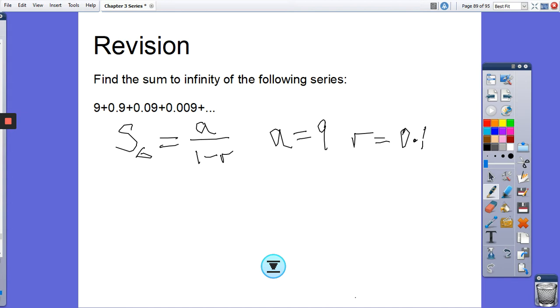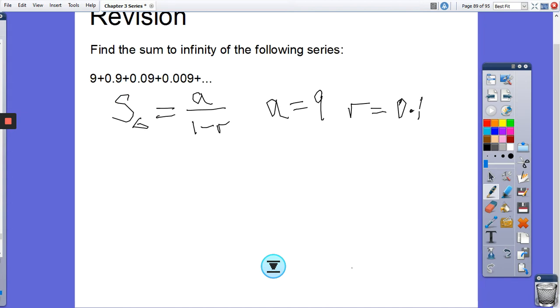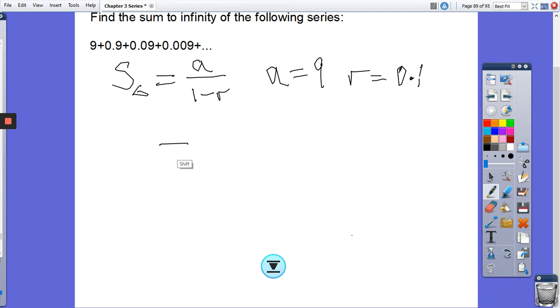So if we plug this into the formula here, then we will have 9 over 1 minus 0.1. So it's going to be 0.9. So 9 divided by 0.9 gives you the answer of 10. So if we want to find the sum to infinity, you get the answer 10.